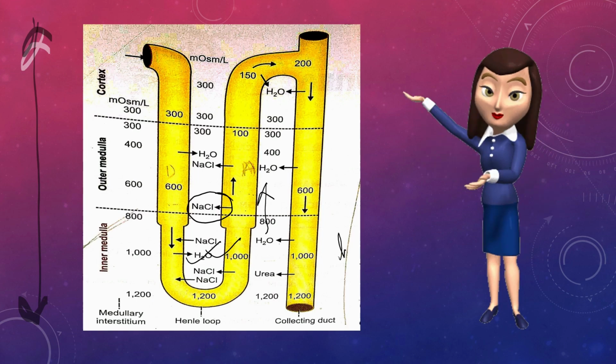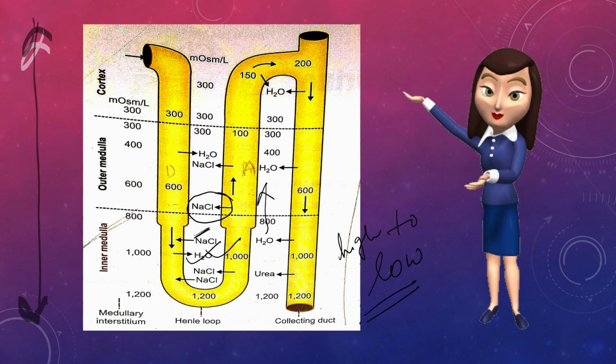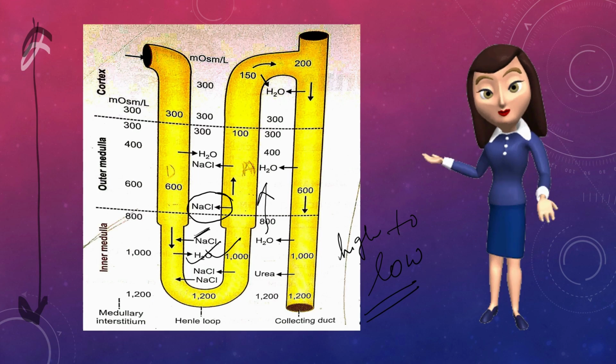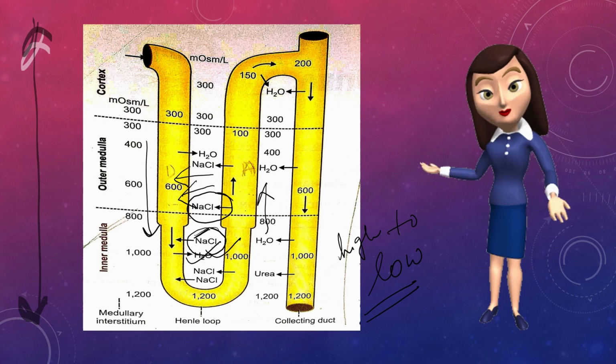From the region of higher concentration to lower concentration, right? So where is the higher concentration now? It is in the interstitial fluid. So it will try to move from higher concentration to lower concentration. That means from the interstitial fluid to the descending loop of Henle. Is this clear?